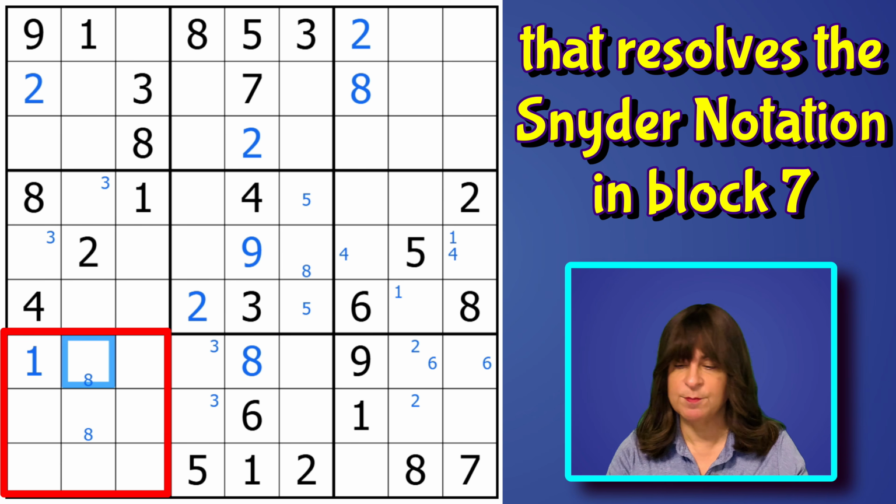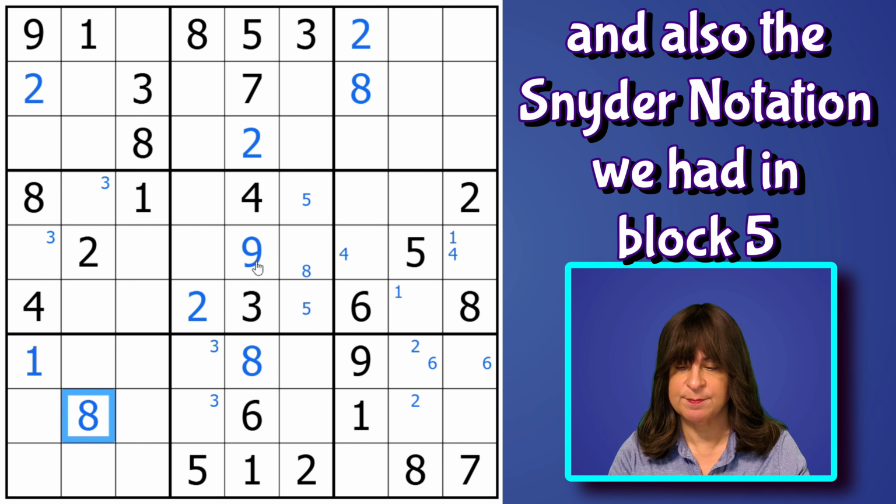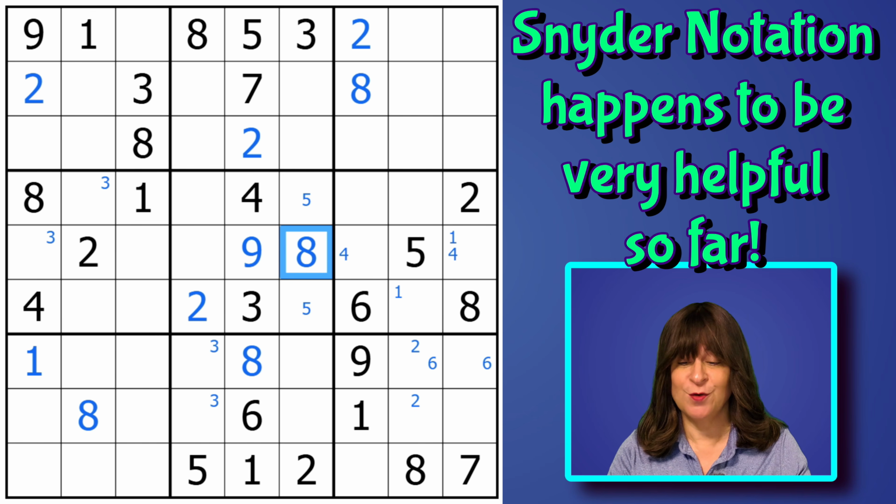This can't be an 8 anymore, so this is the 8 in block 7. And over here, the 9 replaced the pair of 8s I had penciled in block 5. So this is now an 8. So you can see how the Snyder notation is paying off here. It doesn't always, but so far, so good.